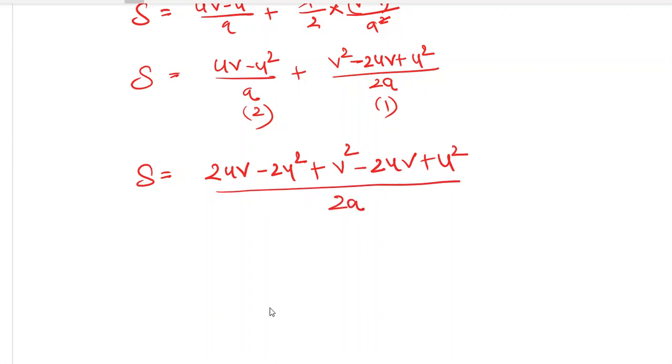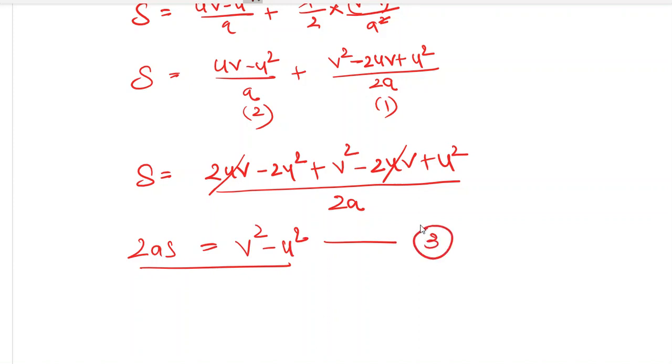We have taken LCM, so the denominator becomes common. 2uv minus 2uv will cancel. 2a will shift to the left side and will become 2as. Here minus 2u square plus u square will become minus u square. So v square minus u square is equal to 2as. That's the third equation of motion.